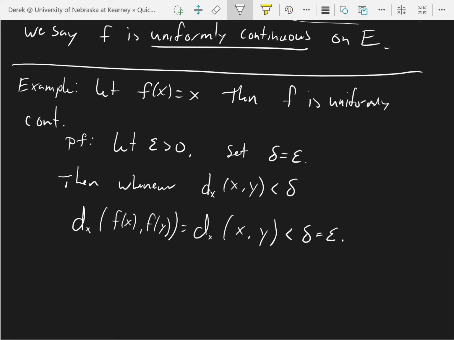So I've got uniform continuity. It didn't depend on which x value I chose or which y value I chose. As long as x and y were close together, f of x and f of y were close together. So that's kind of a silly example.